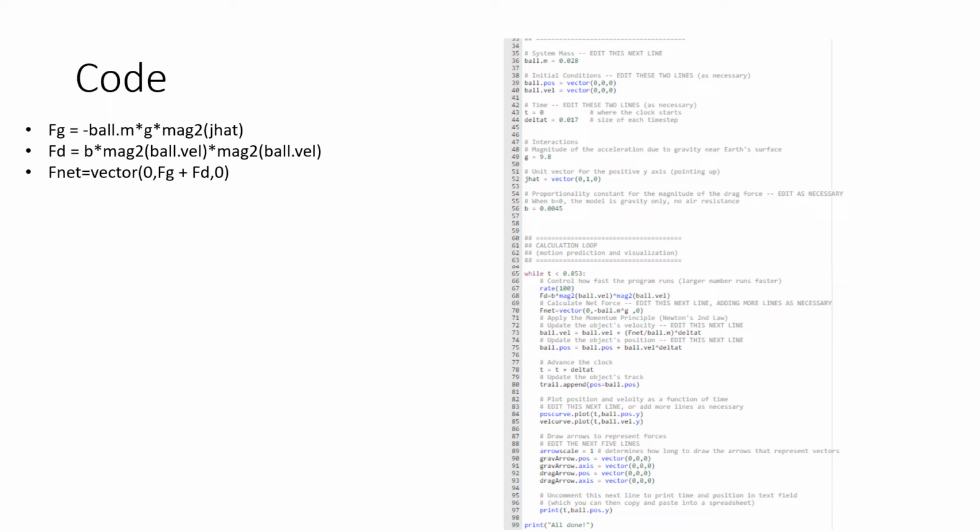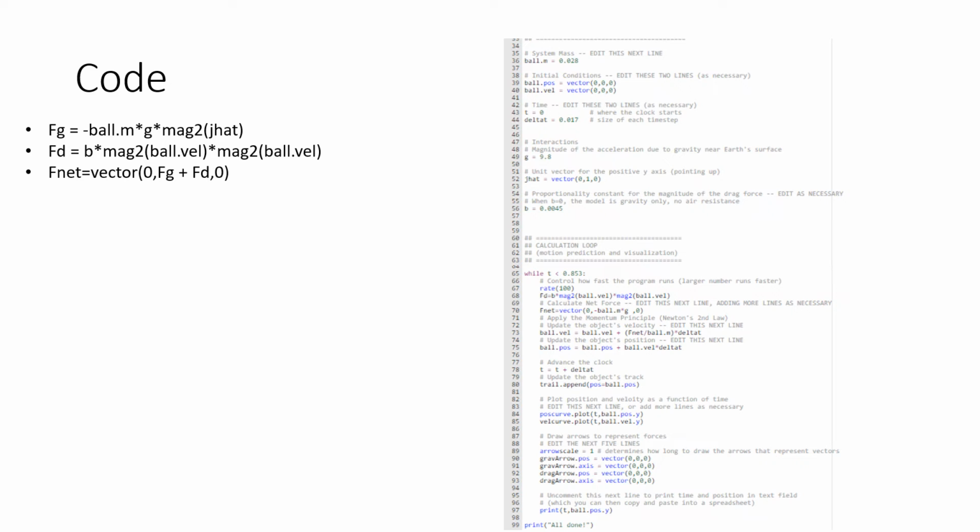For our code, for the force of gravity, we found the mass of the ball times gravity times the second scalar of the vector j hat. And for the drag force, we had B times the second scalar of the ball's velocity squared, which is the y coordinate.